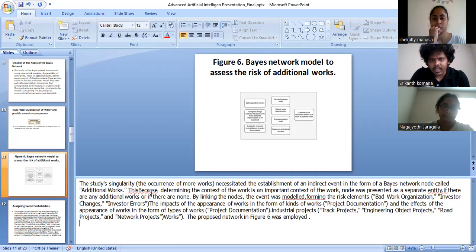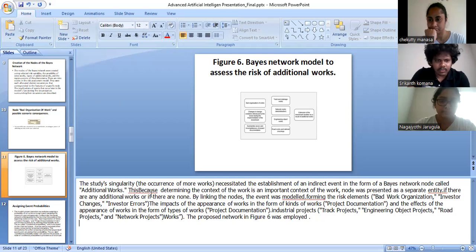This diagram shows the Bayes network model to assess the risk of additional works. The study establishes the necessity of an indirect event in the form of a Bayes network node called additional works. This is because determining the context of the works is important, so the node was presented as a separate entity, whether there are any additional works or none.